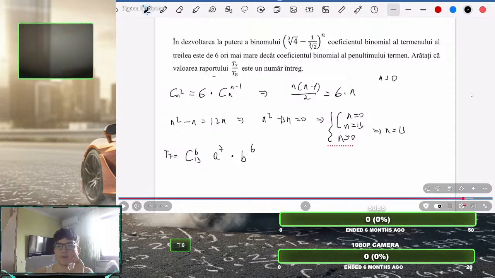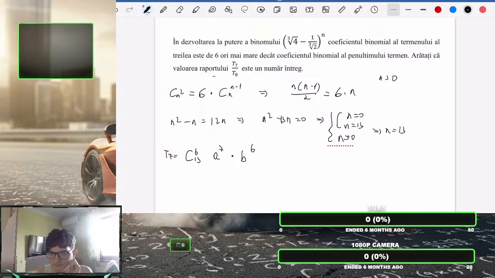Will we actually have something like this? Why A7 and B6? Well, k, right? 13 minus 6 is 7. So just denote it as A and B. That's the reason, I think. Understandable.